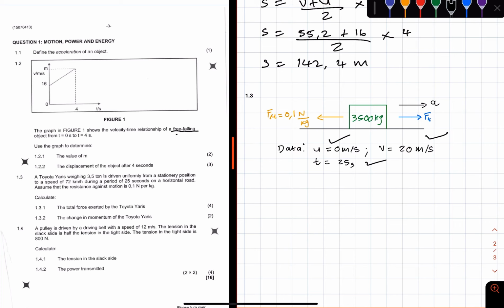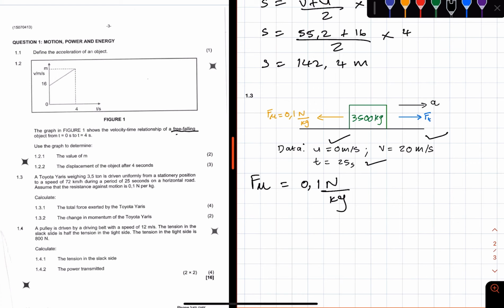Now, they say assume the resistance against motion is 0.1 newtons per kg. What does that mean? Resistance, we know, is the frictional force. The frictional force is equal to 0.1 newtons per kg.